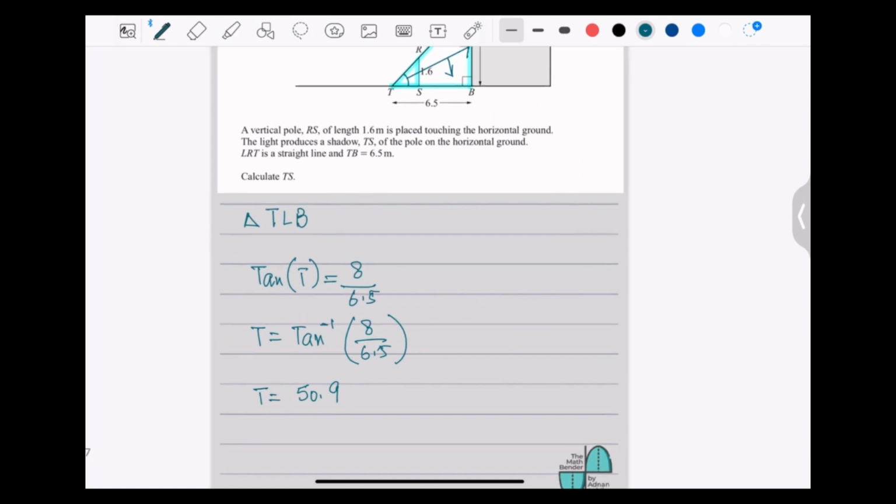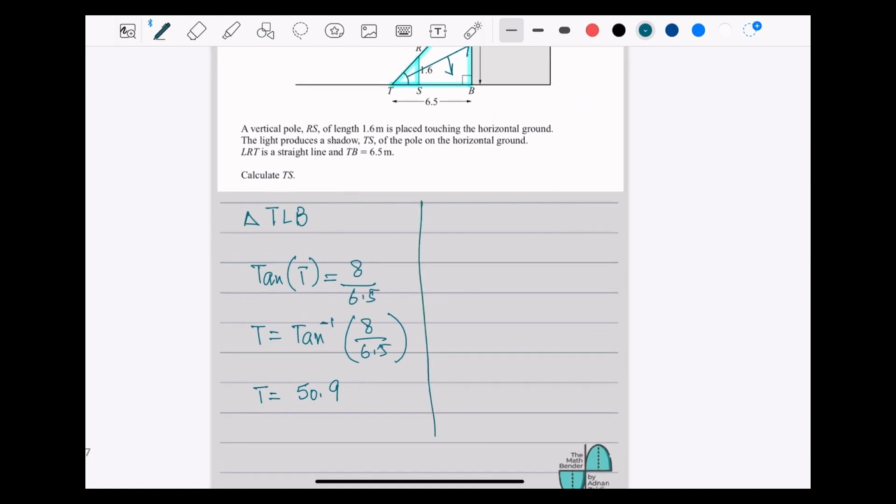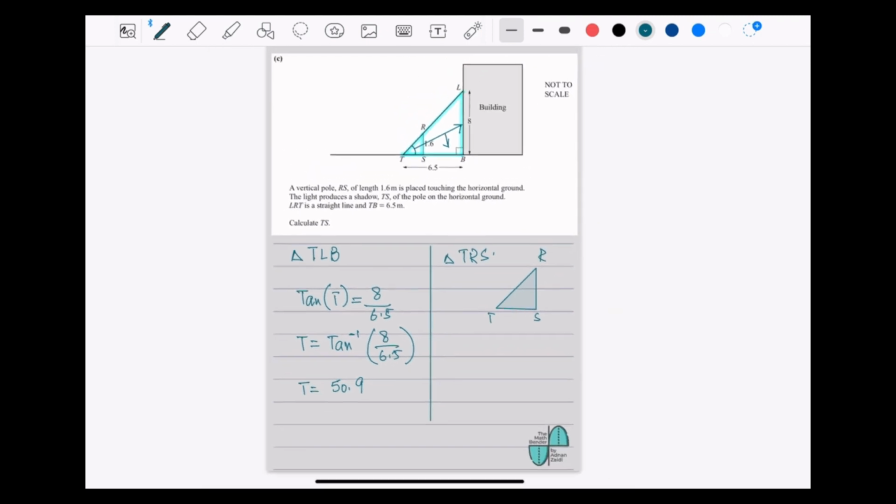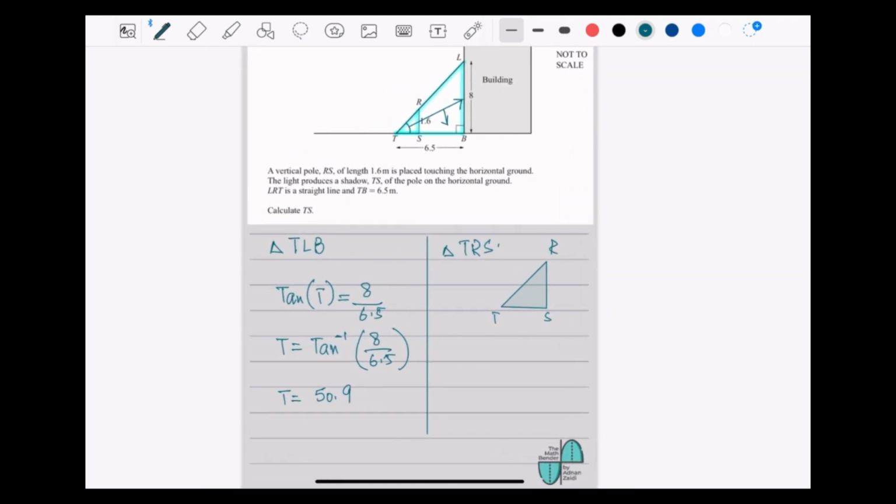Now, in the triangle TRS, for better understanding, if you try to construct it here, so TSR, we need to find out this length TS. We have 1.6 and this angle is common between both the triangles.